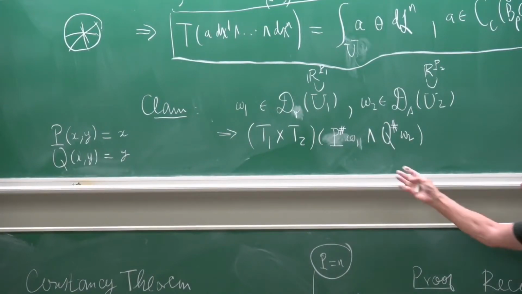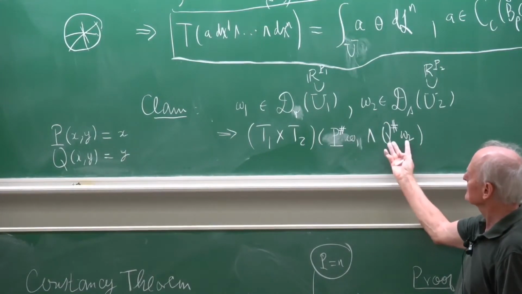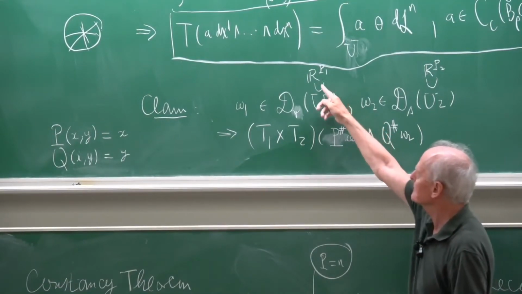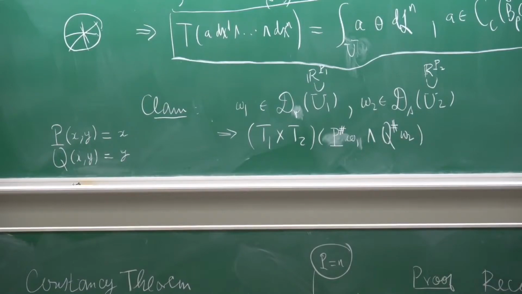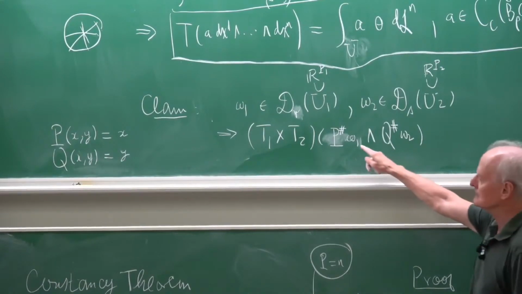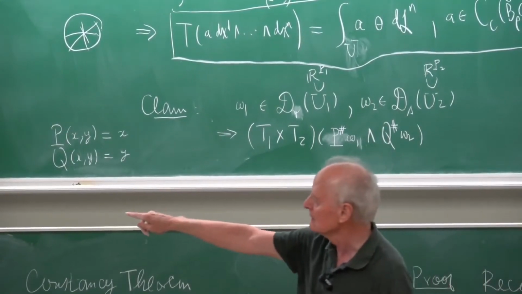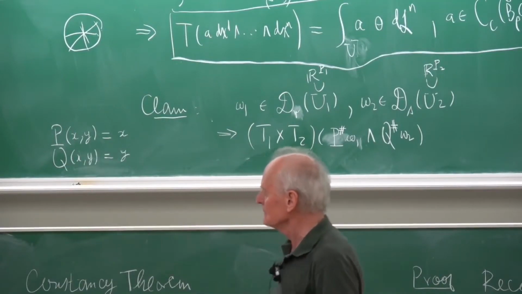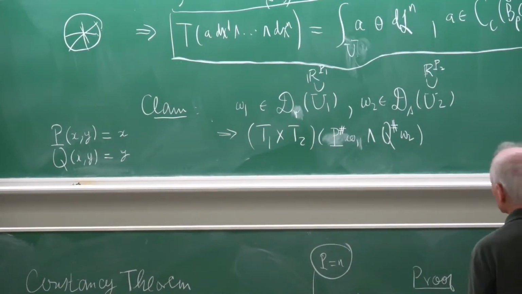And now this does make sense because both of these are living in the Cartesian product space, right? In the space R^P1 cross R^P2. They're both smooth forms in R^P1 cross R^P2. Without the pullbacks, it wouldn't make sense, for a similar reason that the xi1 wedge xi2 didn't make sense there.